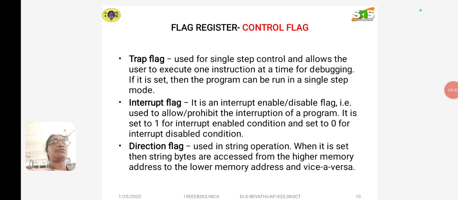It is set to 1 for the interrupt enable condition and set to 0 for the interrupt disable condition. Next is the direction flag, used in string operations. When it is set, the string bytes are accessed from the higher memory address to the lower memory address, and vice versa.